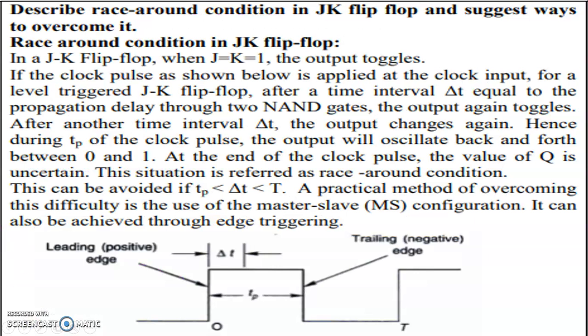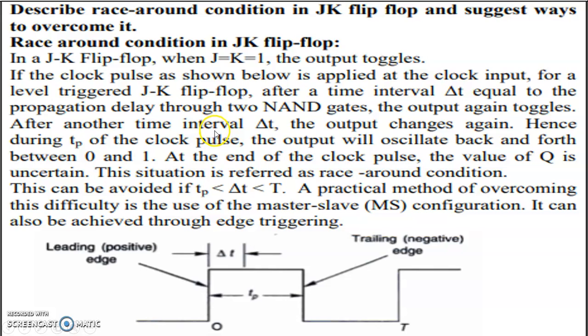This question comes in the MSBTE exam: describe the race around condition in a JK flip-flop and suggest a way to overcome it. So you can write down this answer. In a JK flip-flop, when J equals K equals 1, the output toggles. If the clock pulse shown below is applied at the clock input of a level triggered JK flip-flop, after a time interval equal to the propagation delay through the NAND gate, the output again toggles.